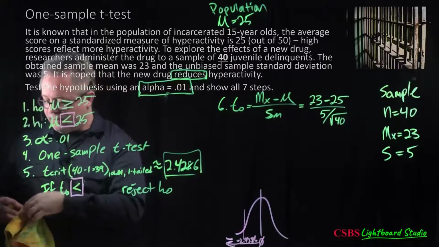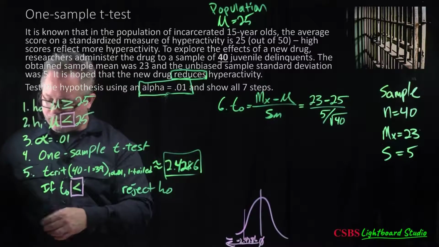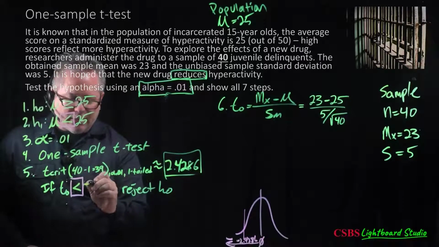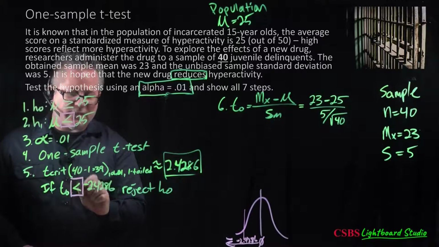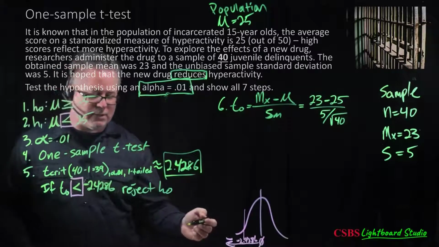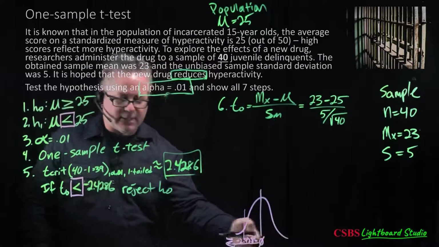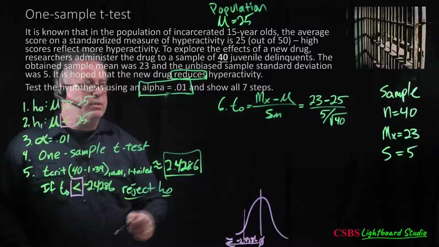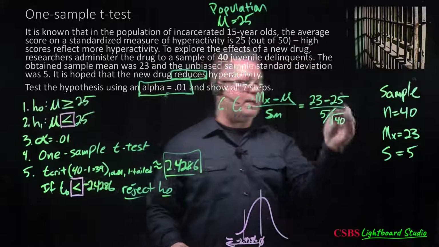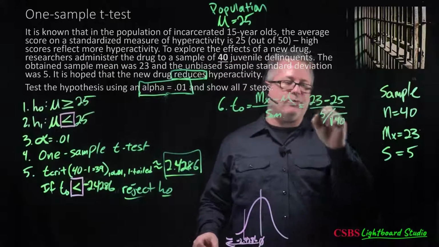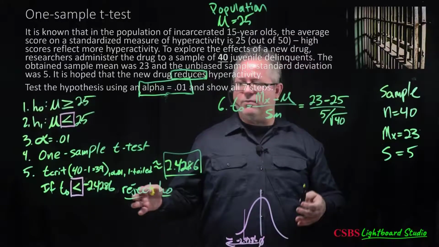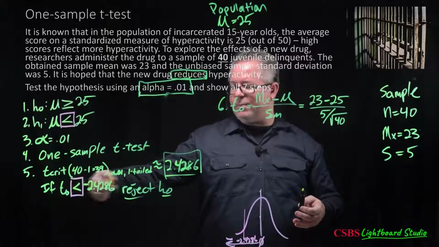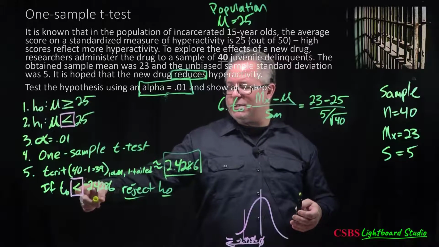My t observed should be less than a negative 2.4286. So if my t observed is less than a negative 2.4286, it's more negative, less than, I'm going to reject the null. Now it makes more sense why I should be getting a negative number here. Because if I'm subtracting my sample minus my population and getting a negative number, something was goofy because I was hypothesizing a positive number here because I forgot to match this to that.